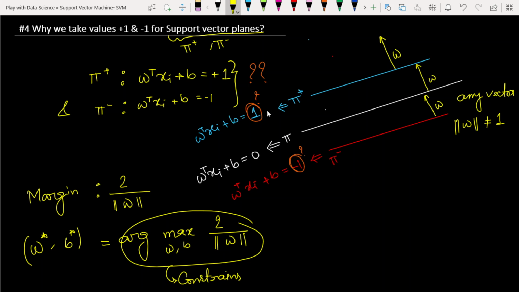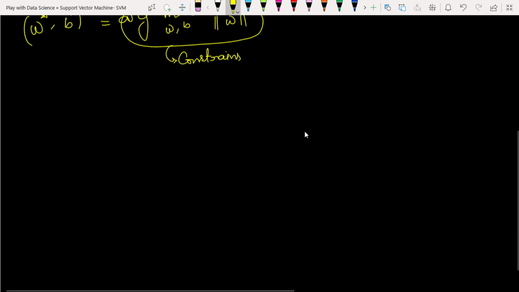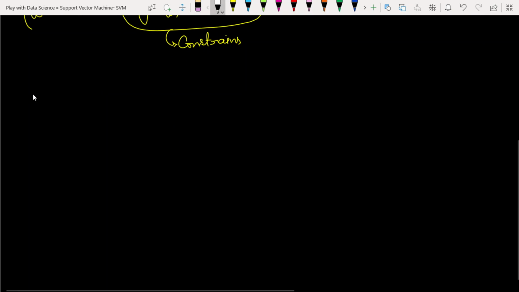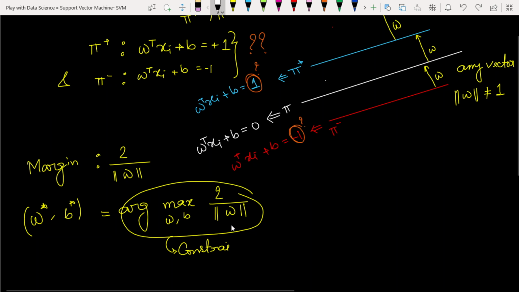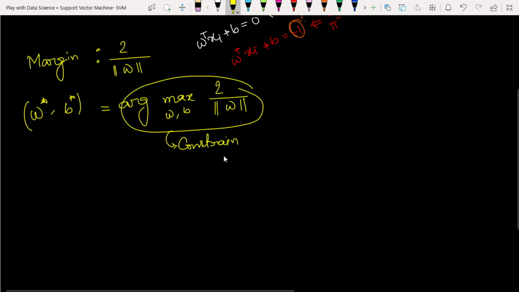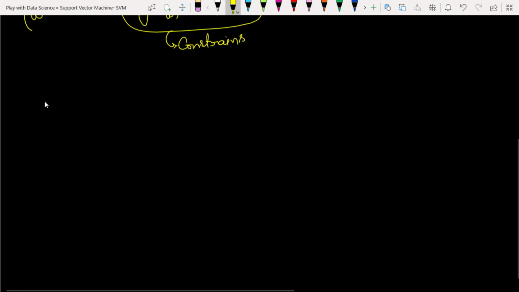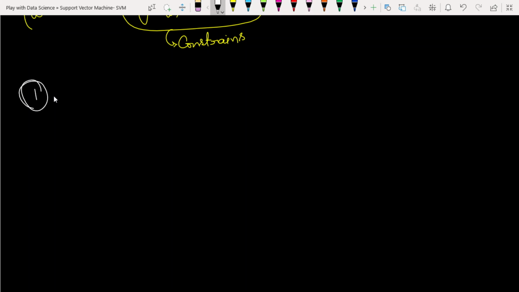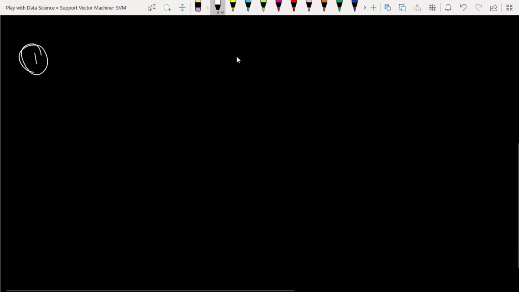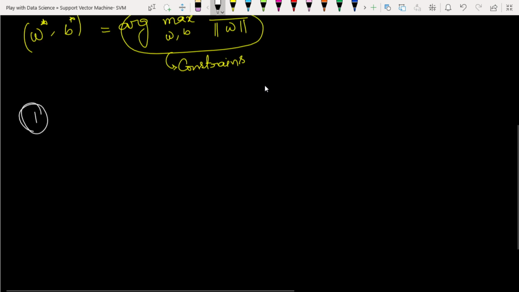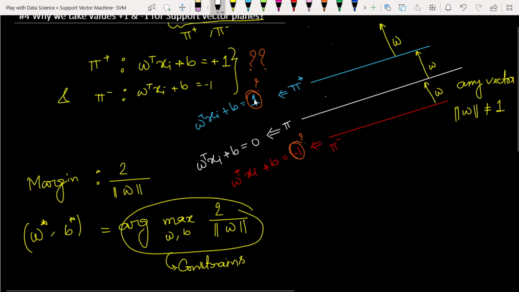Now the question is why we take this as one. I will look at this in two ways. First, let's take our positive plane pi plus is not equal to 1.